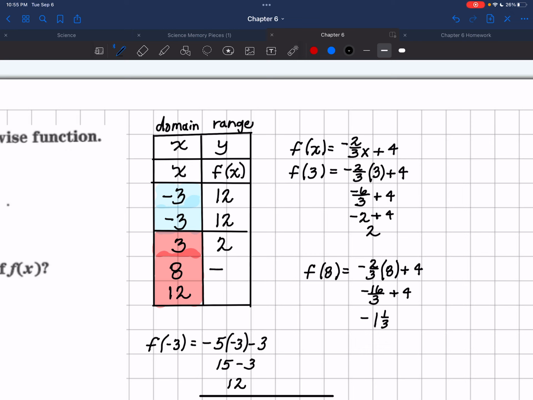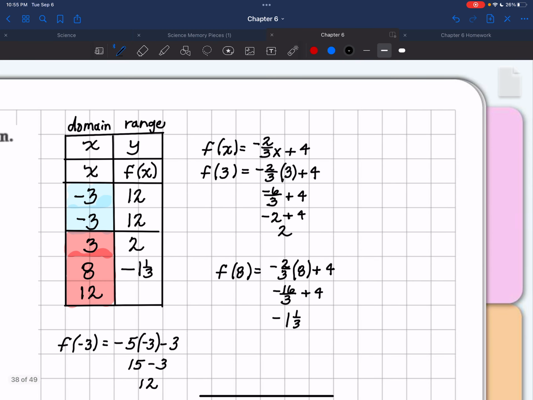So that would be the y value. And then one more time, when the x value is 12, you would have negative 2/3 times 12 plus 4. So negative 24/3 plus 4, that's negative 8, plus 4 is negative 4.